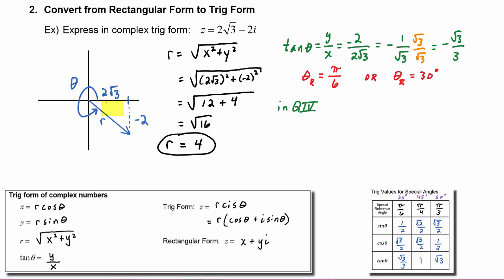So if our reference angle here is pi over 6, then we know that theta in quadrant 4 has to be 2 pi minus pi over 6, which is 11 pi over 6. Or if we're in degrees, then theta is 360 degrees minus 30 degrees, which is 330 degrees.